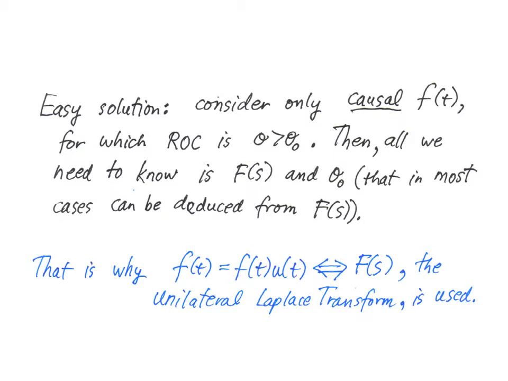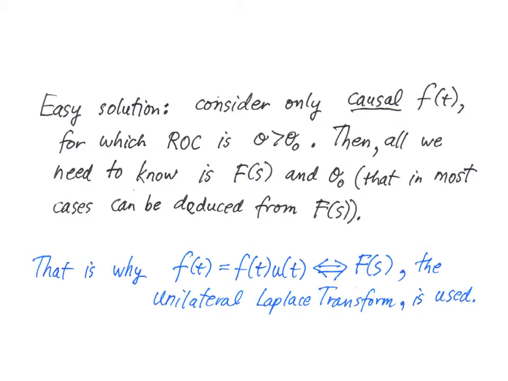Once we limit our scope of functions to be transformed to only causal ones, then all we need to know is F of s and the value of sigma naught that forms a left boundary of the region of convergence. And in most cases, it can be gotten by inspection from F of s itself. So there really will be much less confusion as to what we're talking about in the time domain.